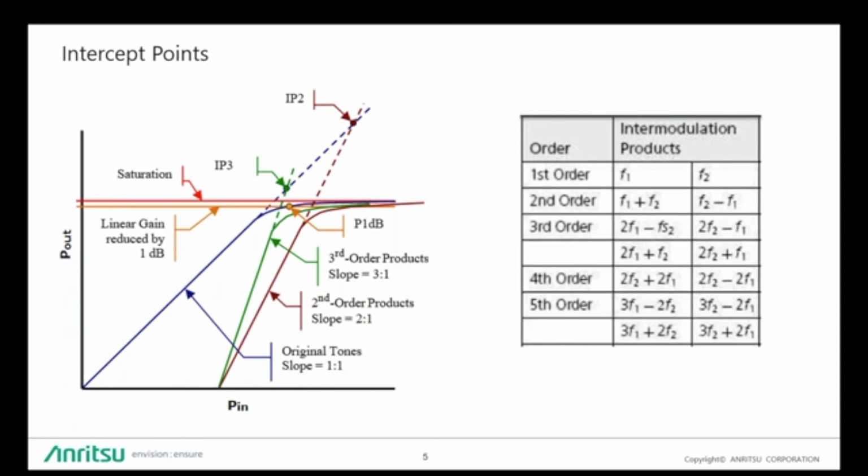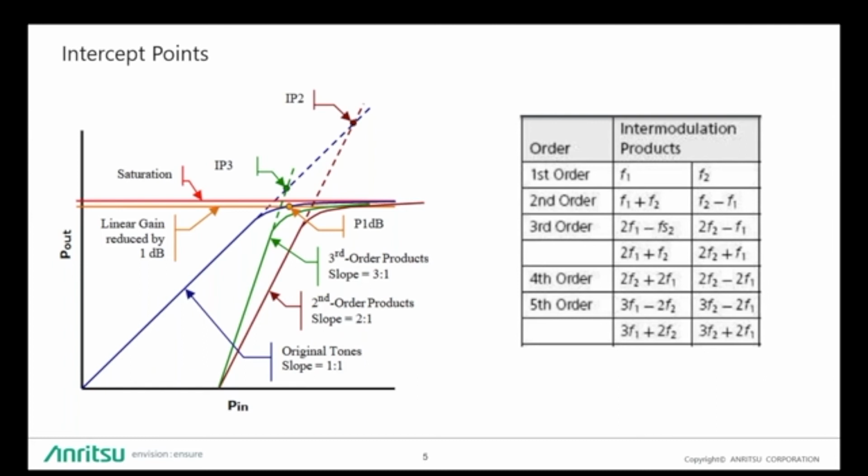Obviously, you have to take the gain into account also. At the same time, if you look at the slope of your third order products, they vary at a 3:1 ratio, meaning if I increase the power level at the input by 1 dB, the power of the third order products increases by 3 dB.